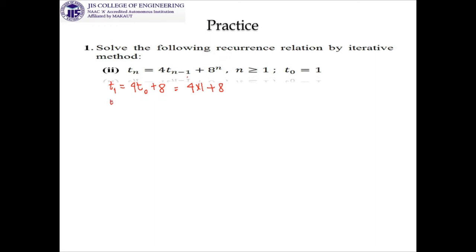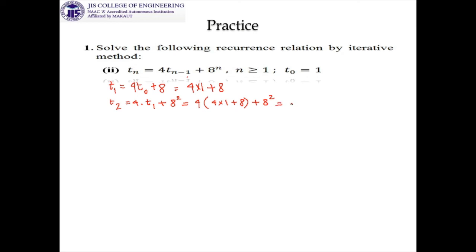Next, T2 is 4 T1 plus 8 to the power 2. So what we are getting? 4 T1 is 4 into 1 plus 8, plus 8 square.